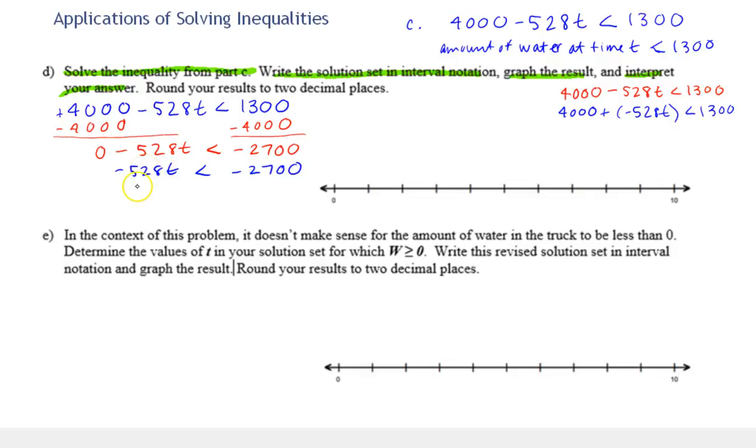Next step, we're going to divide by negative 528 on both sides. Now when we write our result, notice on the left-hand side the negative 528s cancel, so I have t. And remember, in this step you need to reverse the inequality direction because we have divided by a negative. So make sure you do that in the exact step where you divide. Now, let's put this in the calculator.